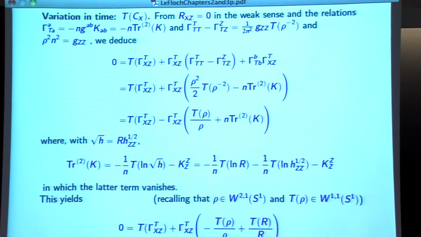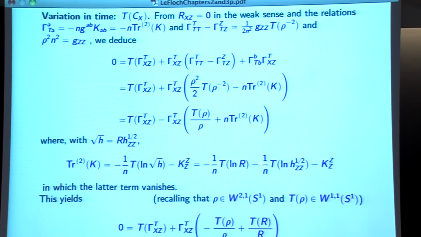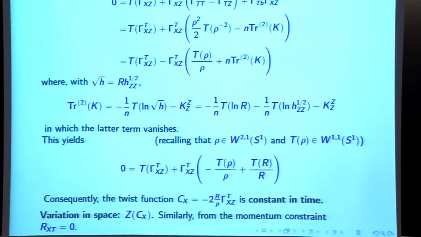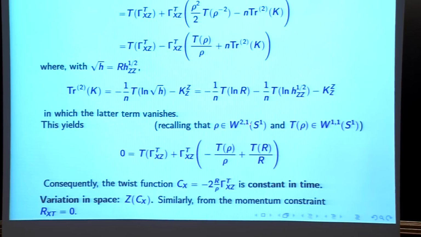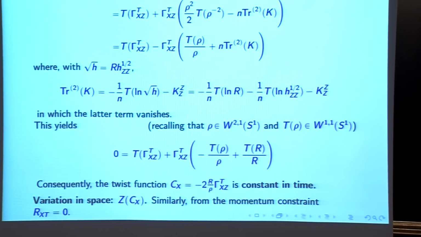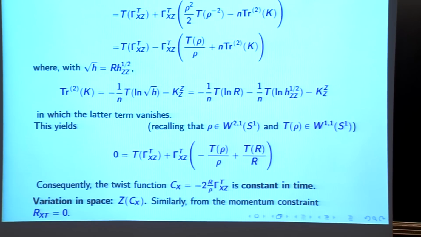This component Rxz is equal to 0. And I get an equation which is not quite what I want, so I get an equation like this. And so to proceed and obtain the conclusion, in the middle of the proof, I need to use that rho is W21, T of rho is W11, in order to fully justify the calculations. Okay? But these calculations, they are valid at the weak regularity levels that we are assuming.